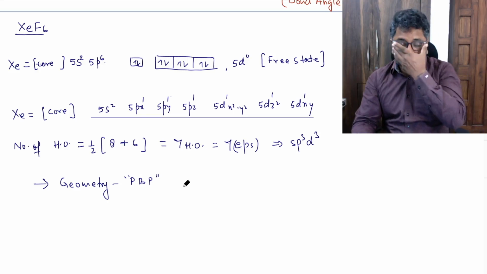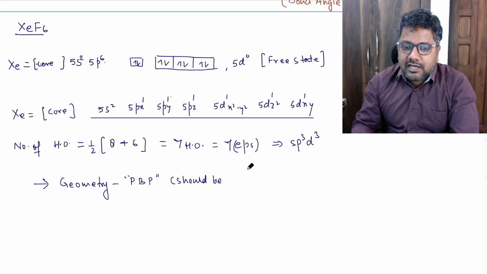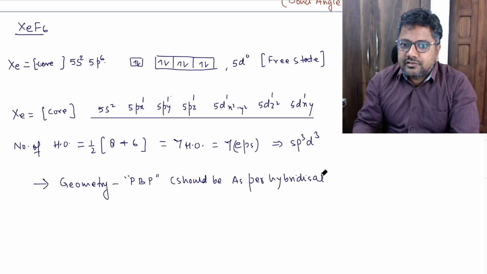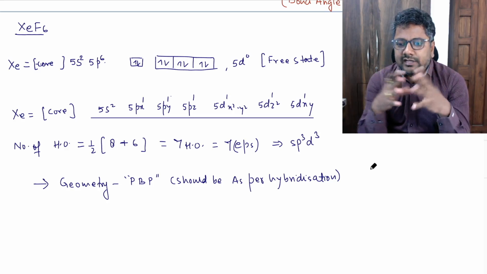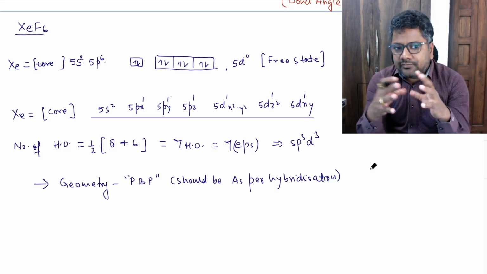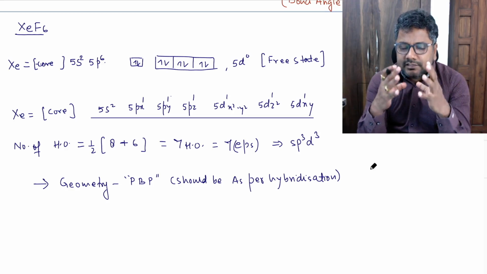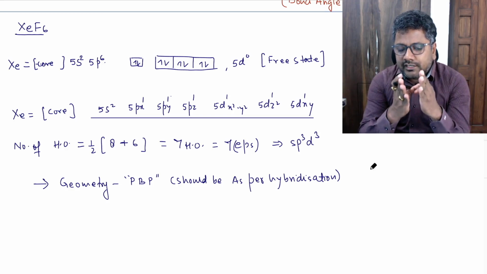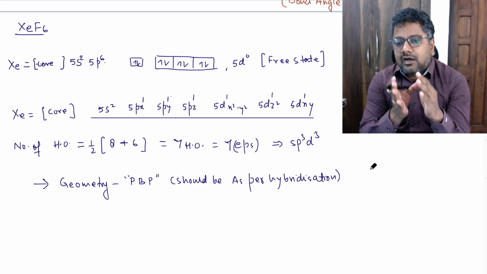This should be like this, as per hybridization. But in actual case, in an octahedron you have total 8 trigonal faces. So this lone pair, instead of taking the orientation of the perfect PBP, is oriented at one of the trigonal faces of the octahedron.